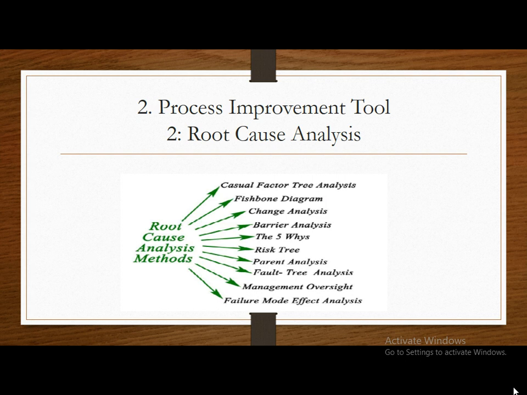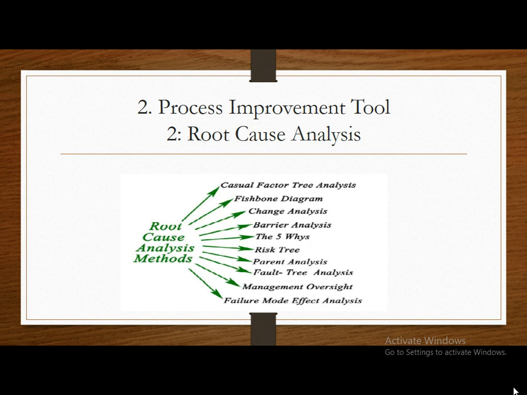Root cause analysis helps to understand the primary causes of failure. It is also used to identify the problematic area in the business sustainability. There are multiple methods for performing root cause analysis. This figure on the screen illustrates the various procedures or methods which can be used to perform root cause analysis.